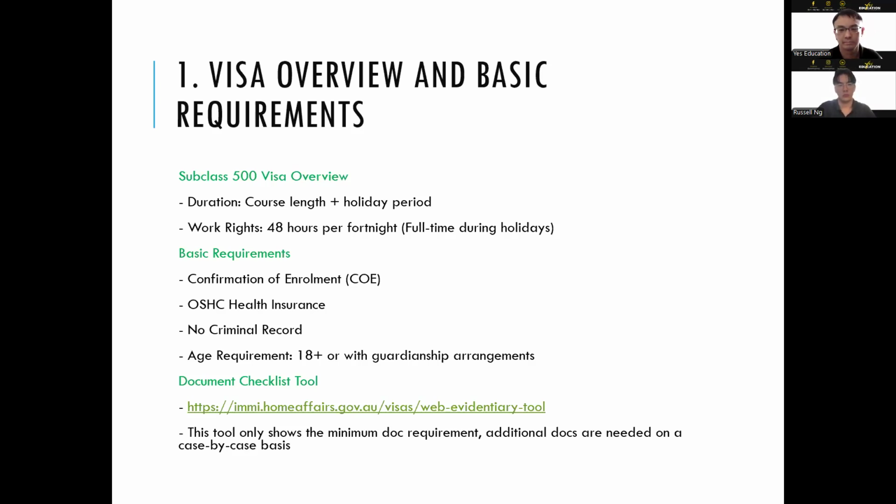The second type is just to arrange authorized accommodation and welfare arrangements for the student, such as registered homestay, and then there will be relevant documents issued to prove that the student has proper arrangements. Usually that document is a letter called CAAW. It's a letter to prove that although the student doesn't have a guardian with them, they already have the accommodation and guardianship arranged.